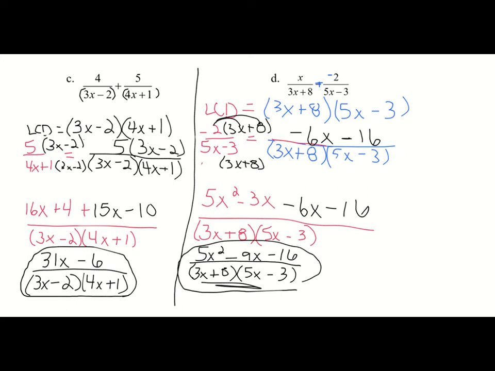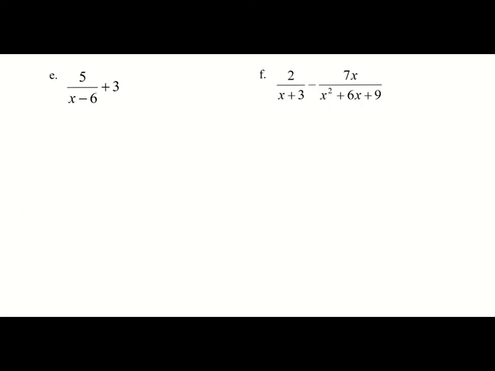So we can leave it just in this format. Okay, so now for E, we have one denominator of x minus 6, and then we have a whole number 3, which remember is like 3 over 1. So in order to add these, we have to have the same denominator. The nice thing here is my LCD is just going to be x minus 6, because that is my only denominator other than the 1.